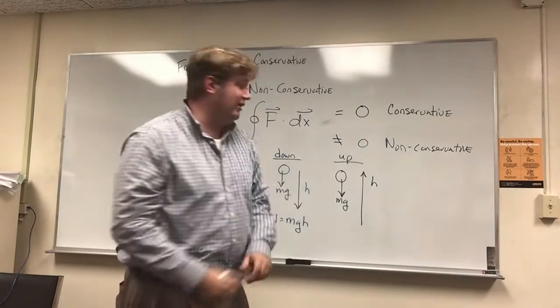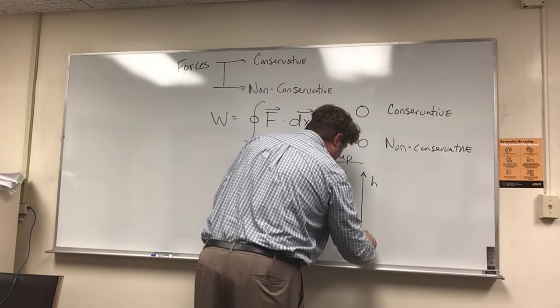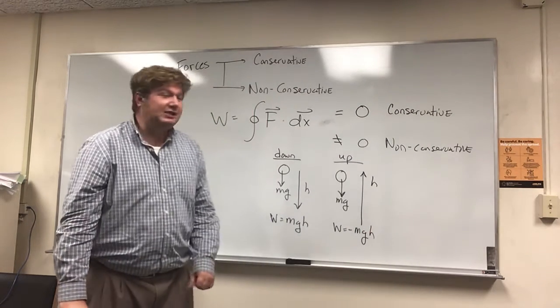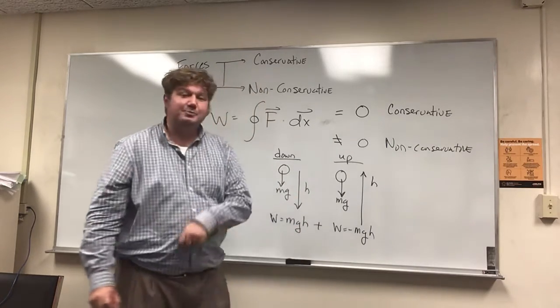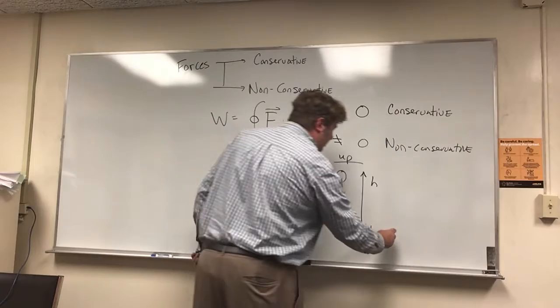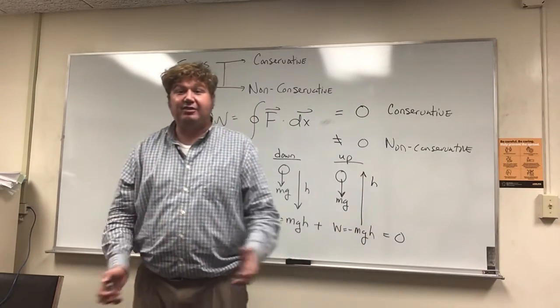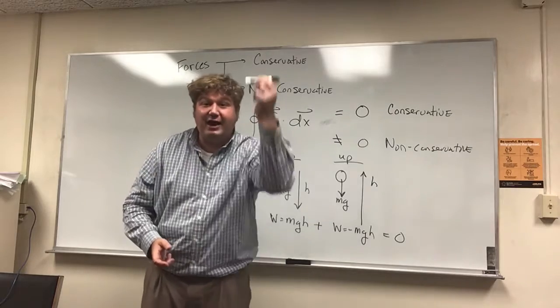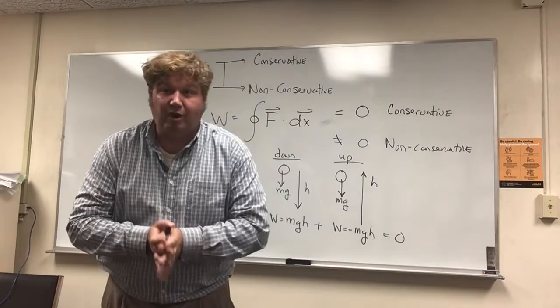There are 180 degrees between them, so the work gives me minus mgh. So I add them together: mgh minus mgh gives me 0. It's independent of the path. No matter how far I go, if I come back to the same point, I always get 0.